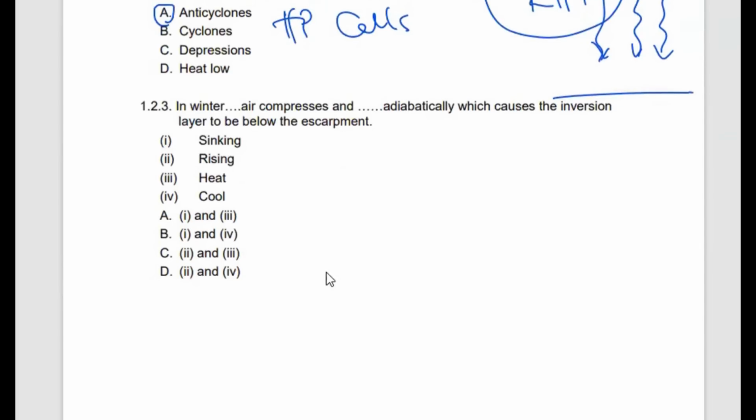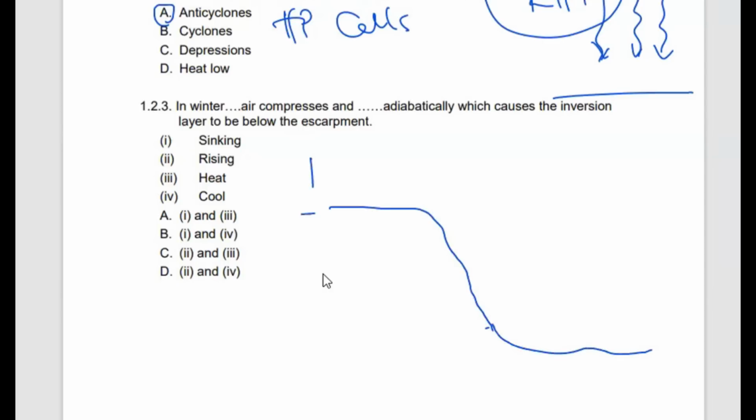Right, we move on to the next question, which is number 1.2.3. For 1.2.3, we are saying in winter, dash air compresses and dash adiabatically, which causes the inversion layer to be below the escarpment. We are looking at this situation of the escarpment and the inversion layer.